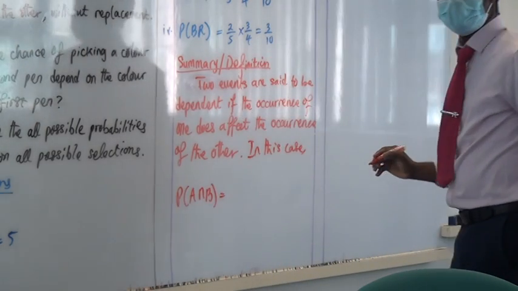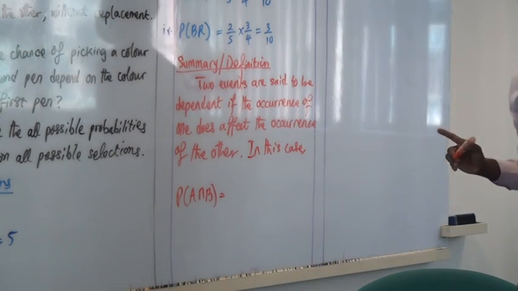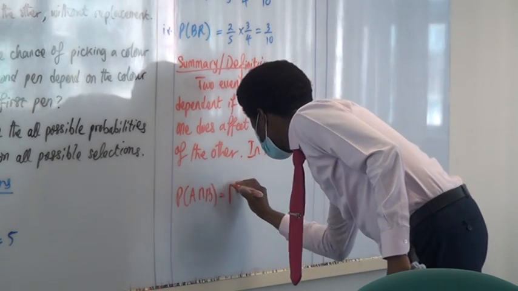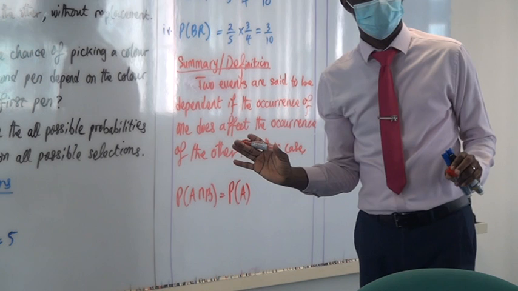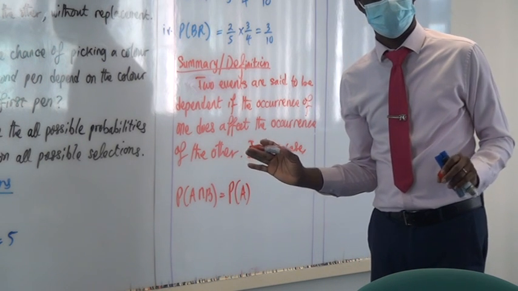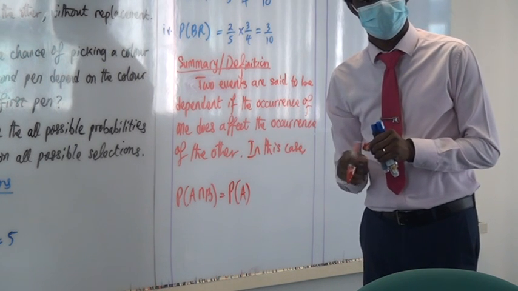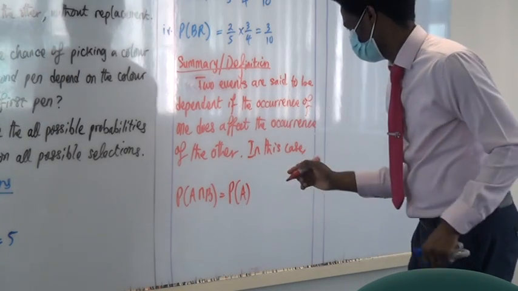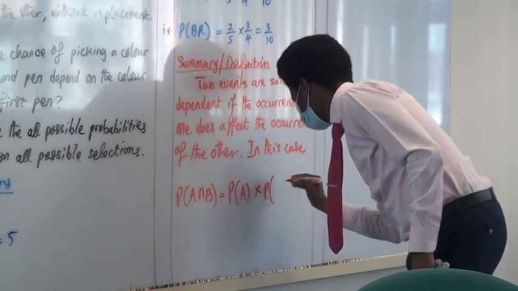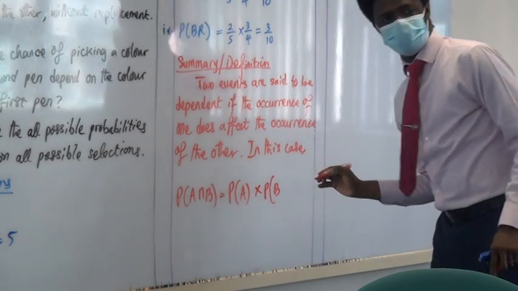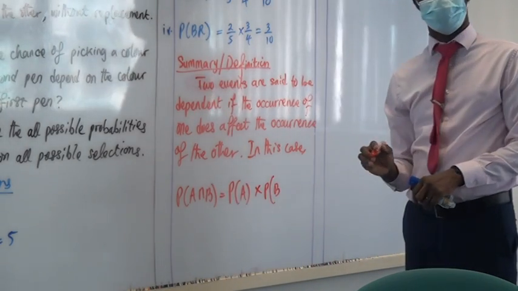Everybody look. The probability that A and B occurs is the probability of A, because the first one is not a problem, right? Yes. The first one is not a problem, times the probability that B occurs given that A had occurred.